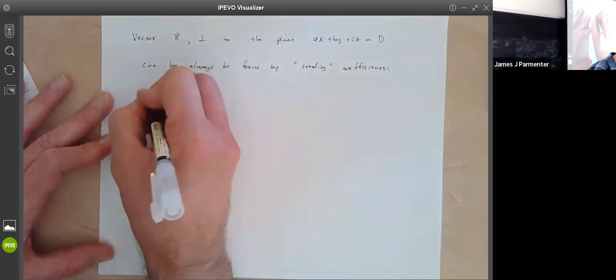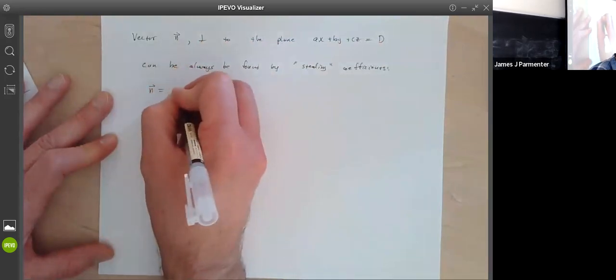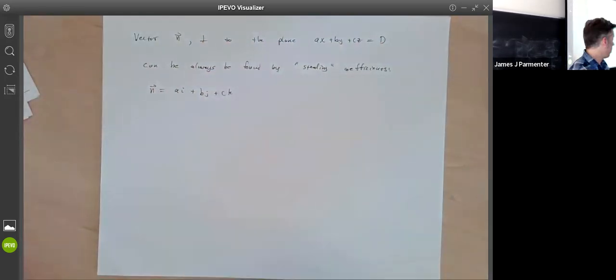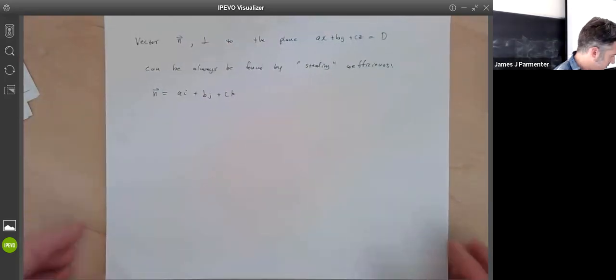That is, the vector n is ai plus bj plus ck. Or a multiple of it, right? You could multiply it by -6 or by +3. And that's also going to be perpendicular because any multiple of a vector points in the same direction.